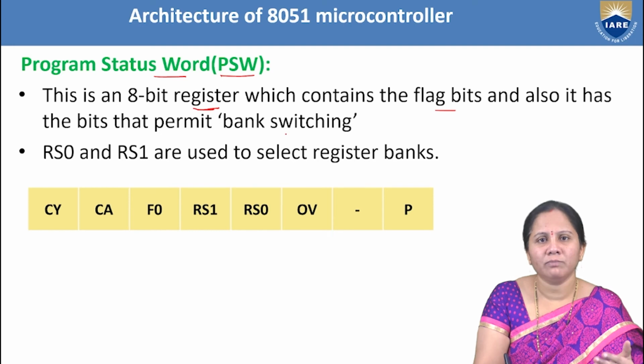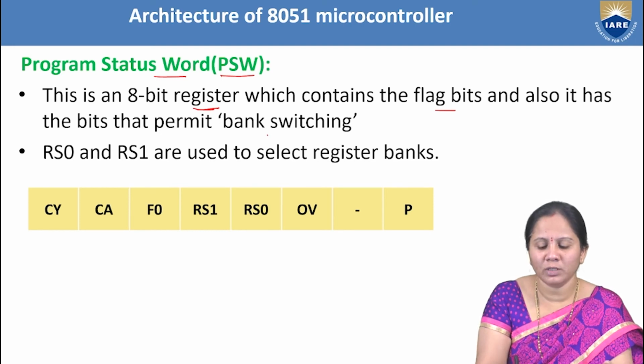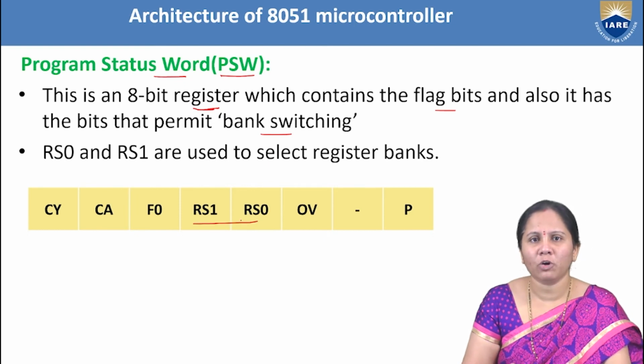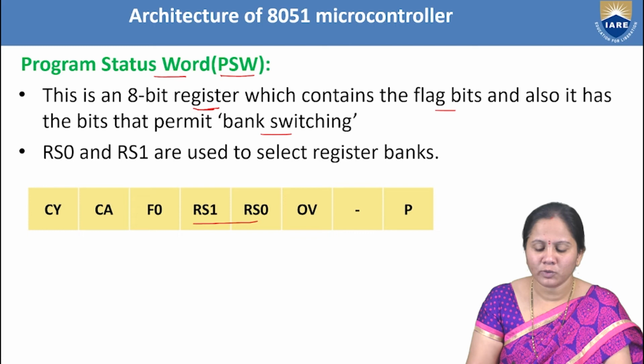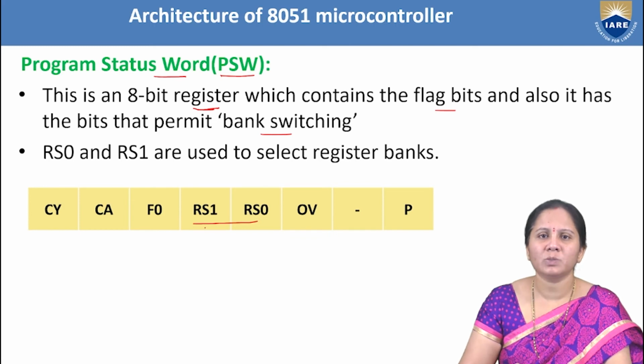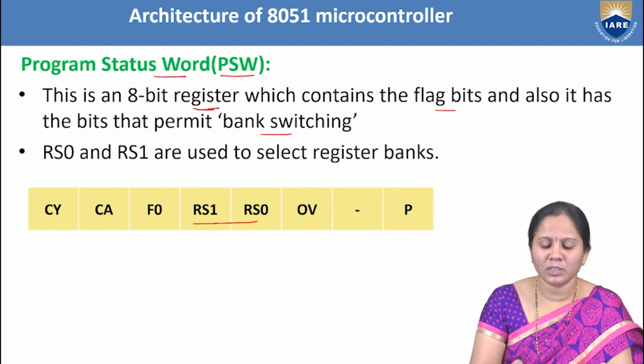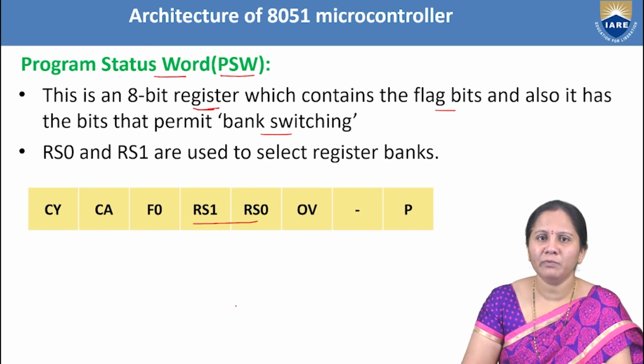All the flags will be changed based on this bank switching, because in the flag register we have 2 bits that are related to the bank switching. So these RS0 and RS1 bits will say which bank is to be selected. We have 4 register banks, and one of the banks will be selected by using these 2 bits in the flag register.